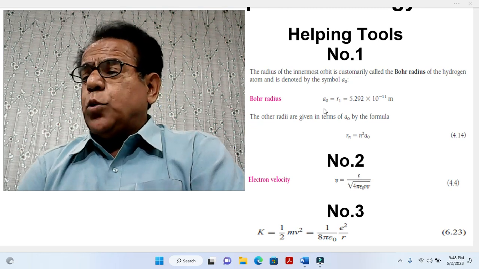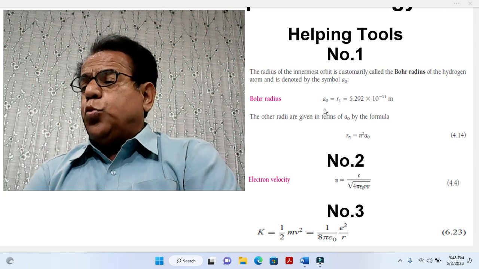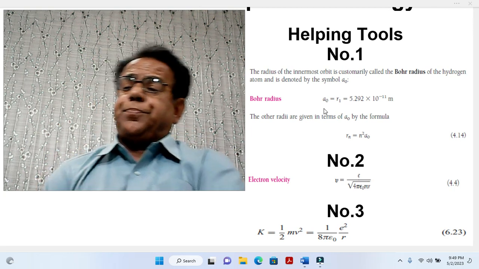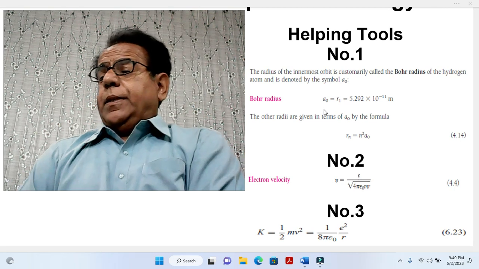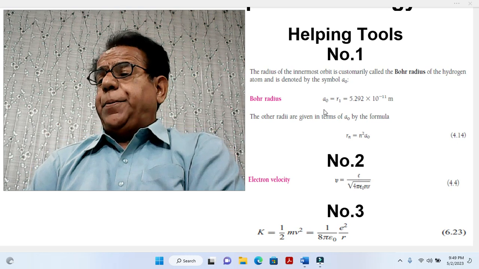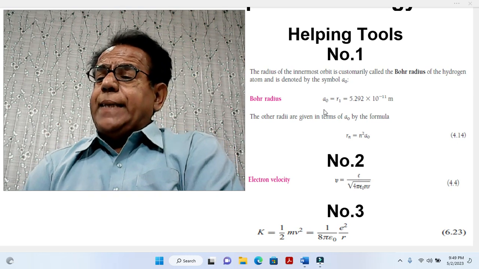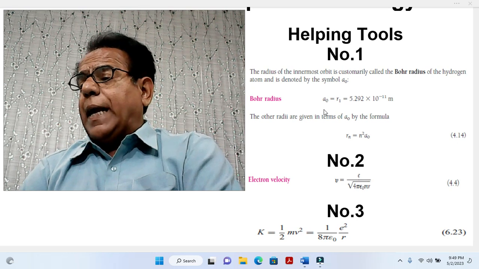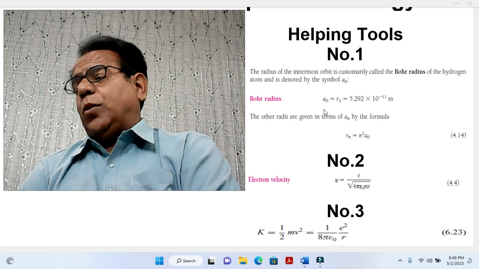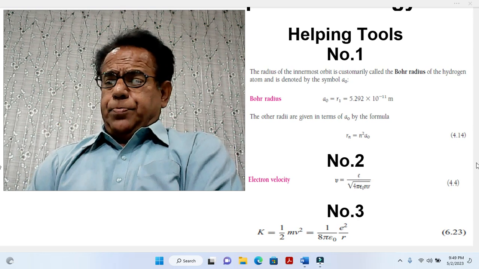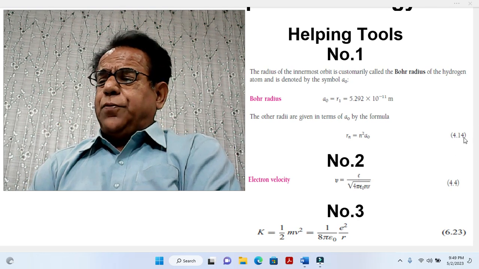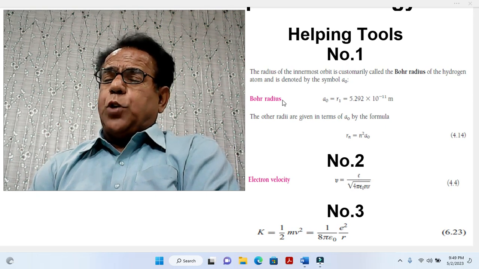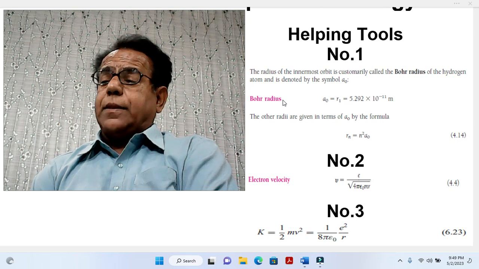A naught is equal to R1 is equal to 5.292 into 10 to power minus 11 meters. The other radii are given in terms of A naught by the formula Rn is equal to n square A naught. Equation number 4.14. Actually, this snapshot has been chosen from the book Modern Physics by Arthur Beiser.